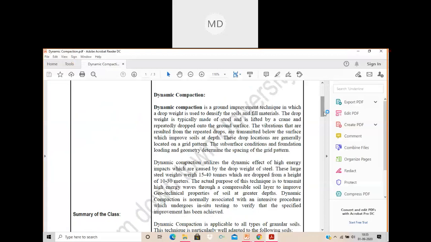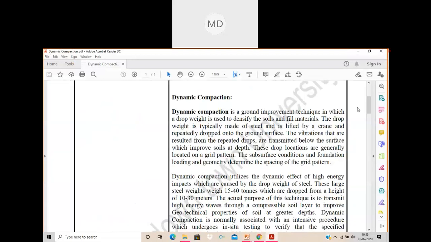So now here we will study in a little more detail about dynamic compaction. All of you are well familiar with dynamic compaction now. Still, let us see. Dynamic compaction is a ground improvement technique in which a drop weight is used to densify the soil and fill materials.